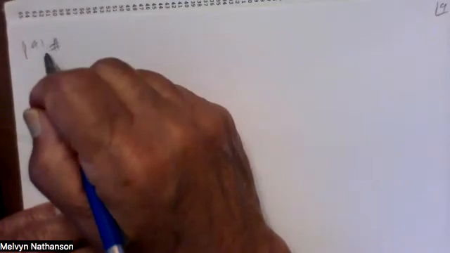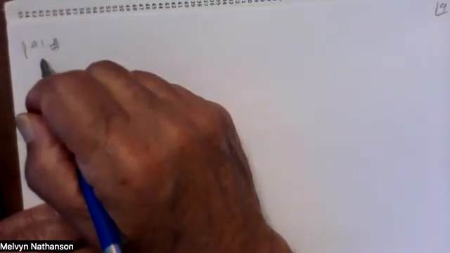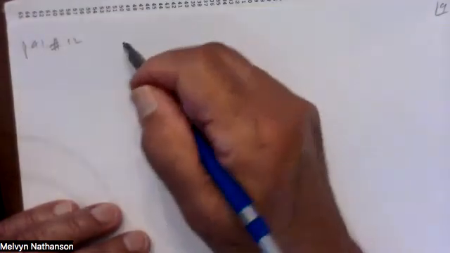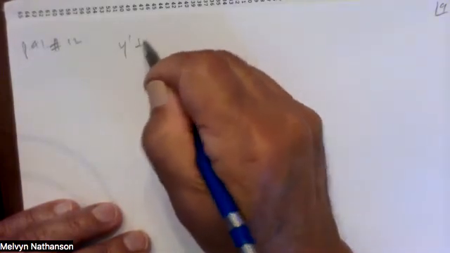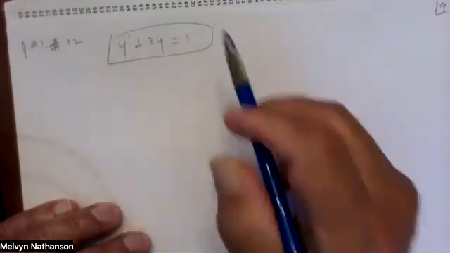And let me take, for example, on page 41, a very simple looking equation. This is problem number 12. y prime plus 3y equals 1. Find the general solution of this equation.